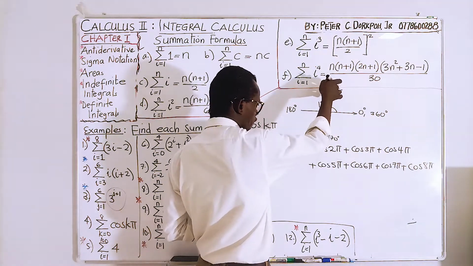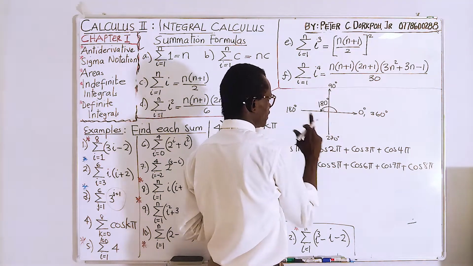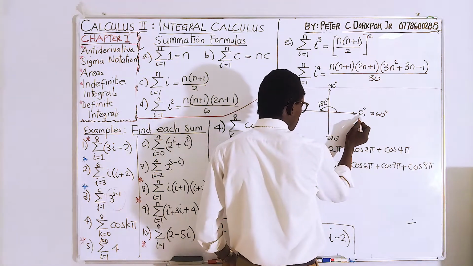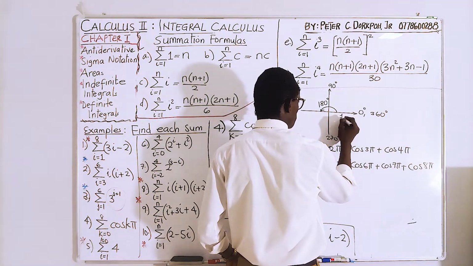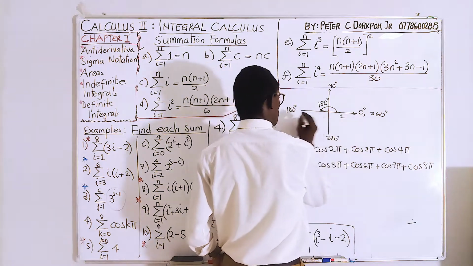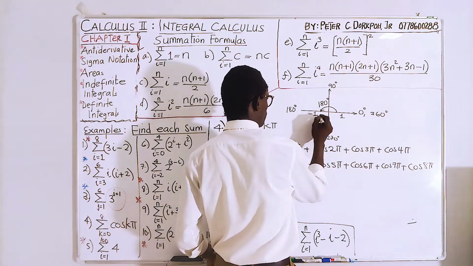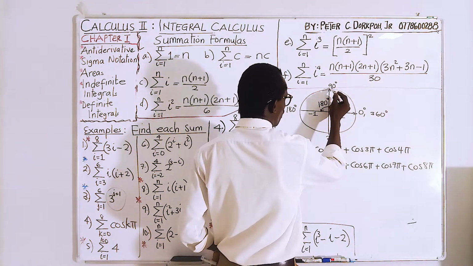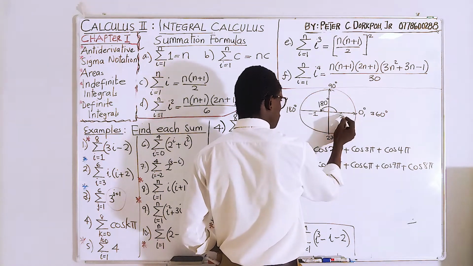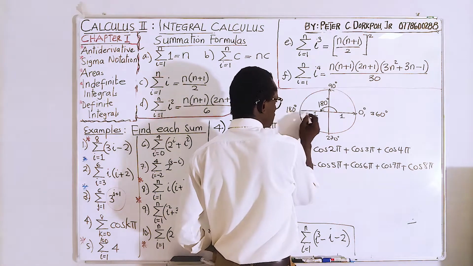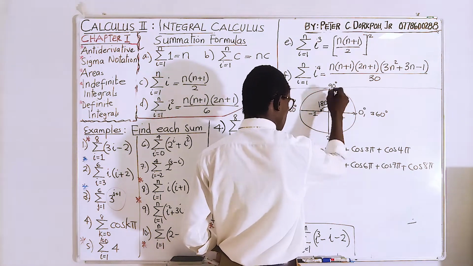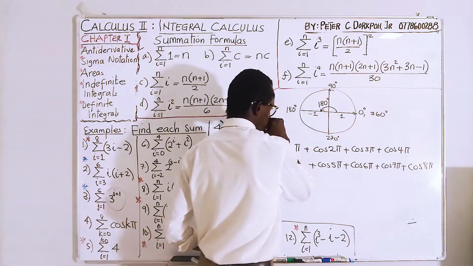Those that are formed with the y-axis are related to sine. That is to say, cos of 0 degrees is positive 1 because it's on this side, and then cos of 180 degrees is minus 1 from the unit circle. Now, sine of 0 degrees is 0, and then sine of 180 degrees is also 0 because it is on this line. Sine is not on this line. Sine is associated with this line.